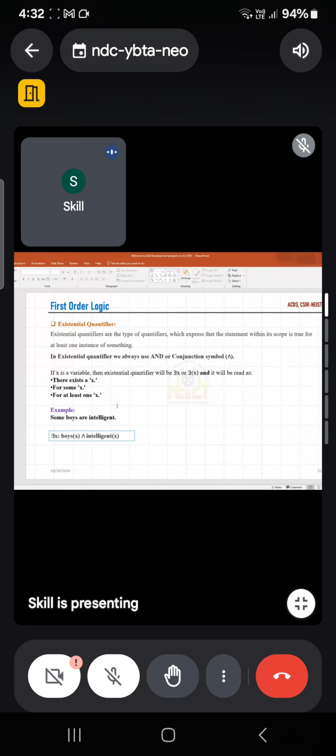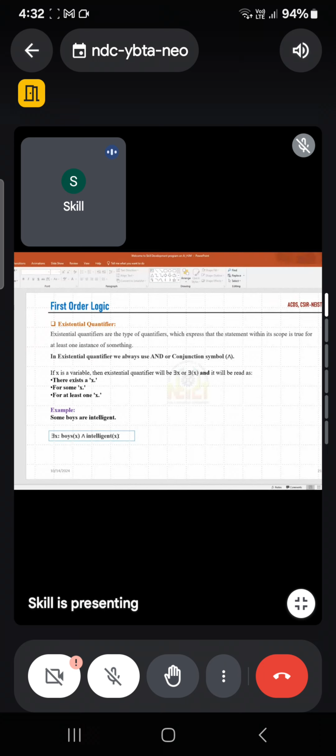For example, some boys are intelligent. Here we can write there exists x, boys x, and intelligent x. By using this symbol we can write that some boys are intelligent.